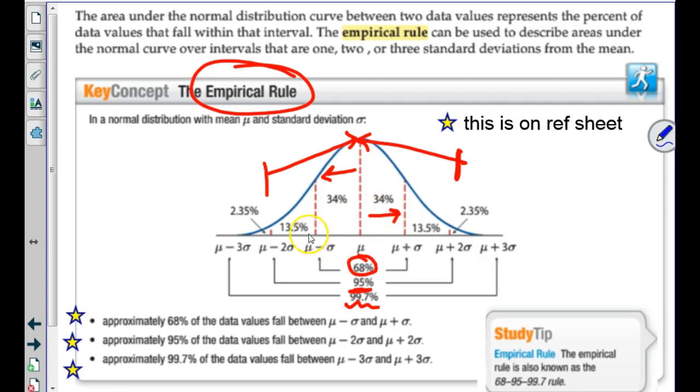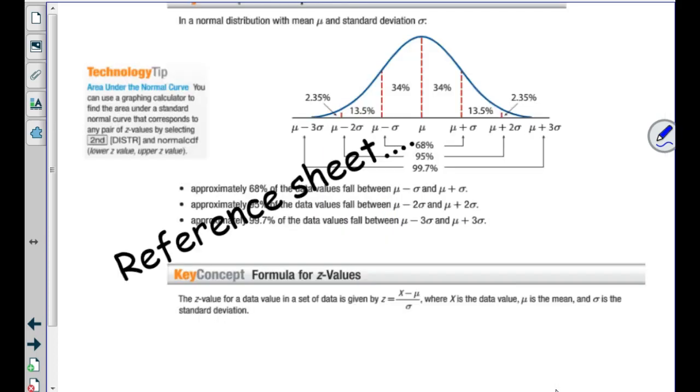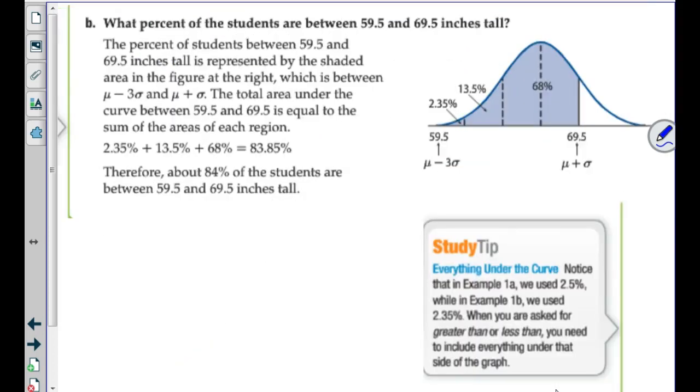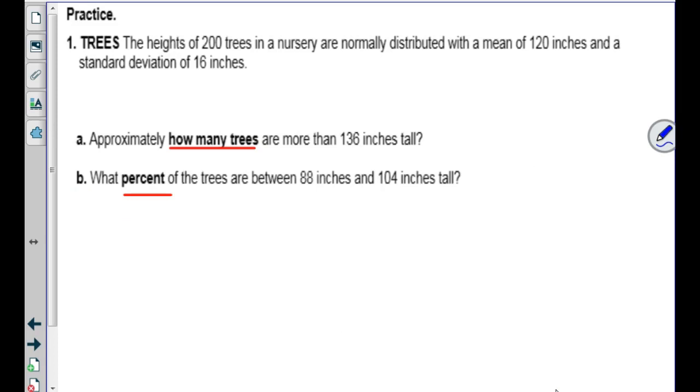If you go out another standard deviation, that hits 95, and if you go out 3 either way, you've hit 99.7. Okay, so this question was following that rule.